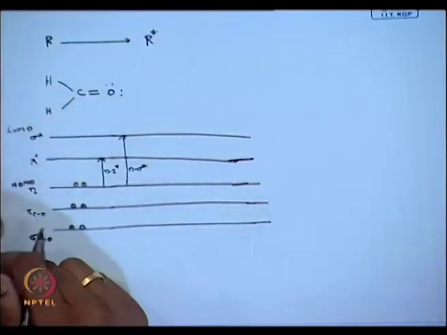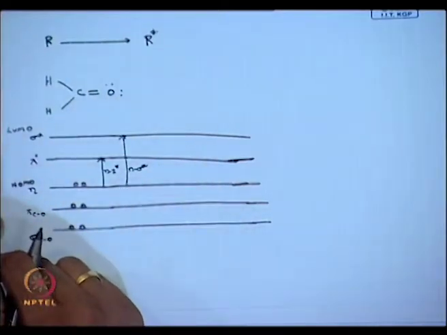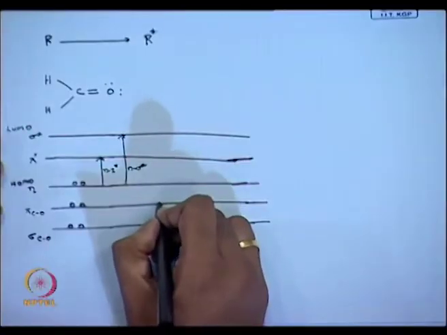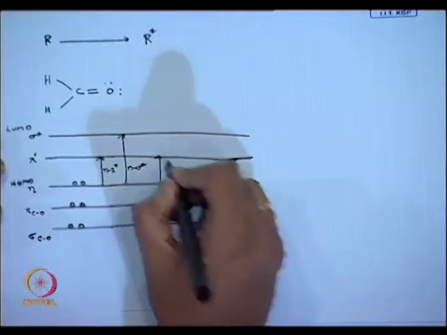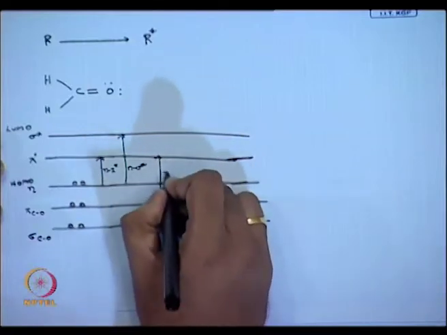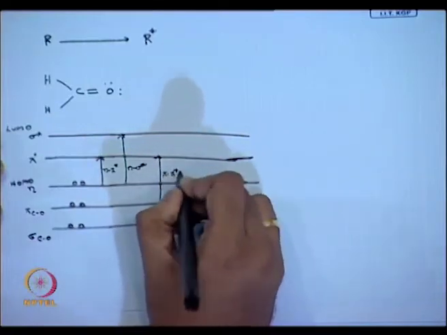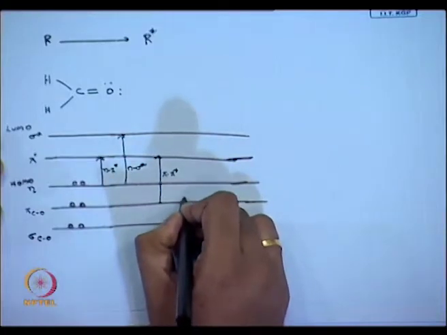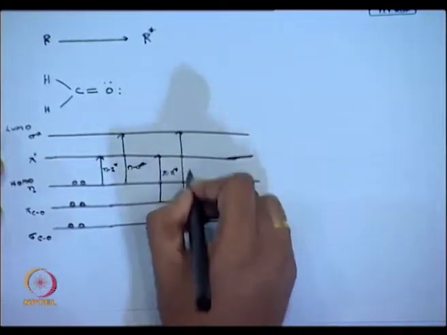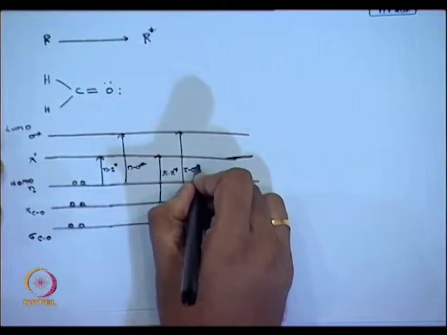So, from non-bonded we can see both the transitions, n pi star as well as n sigma star. So, I am doing all the plausible transitions, right. Then from pi we will have a pi pi star transition, and then we will have a pi sigma star transition.